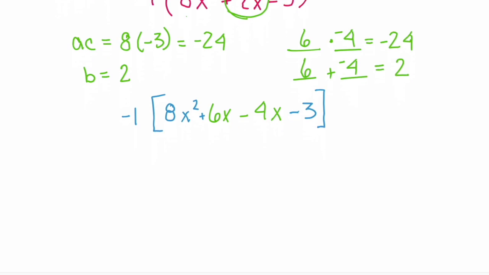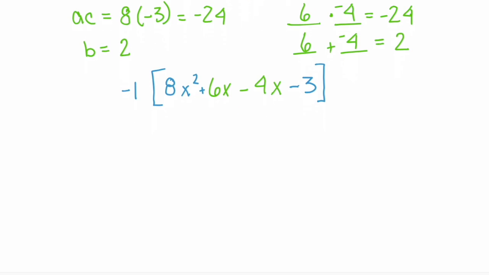Now that we've rewritten that middle term as two terms, we have 4 terms, and we factor by grouping. The first two terms have 2x in common, so that leaves behind a binomial of 4x plus 3.